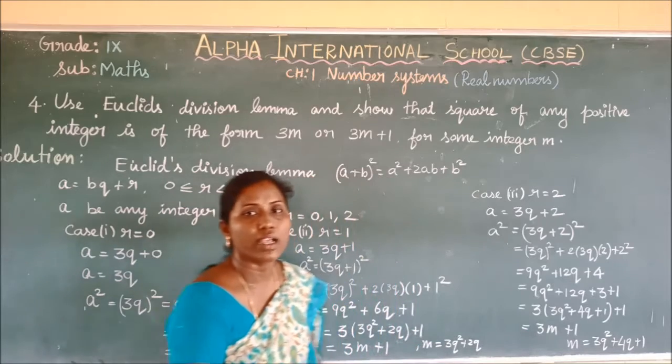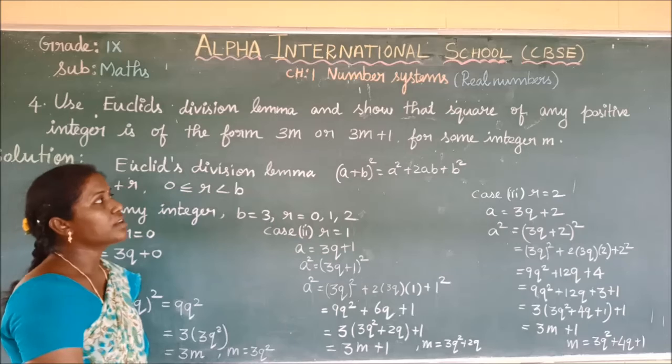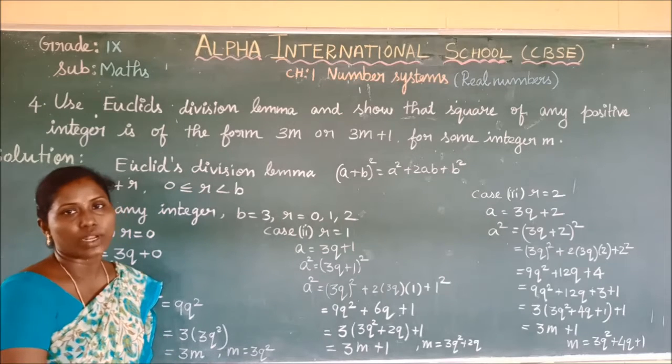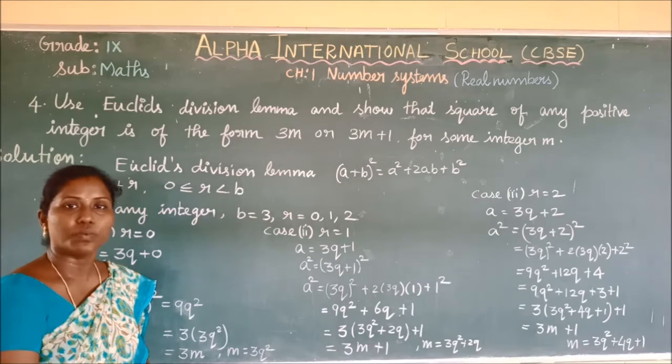So from this what we can conclude is that the square of any positive integer is of the form 3m or 3m plus 1. Surely we can express it in the form of 3m or 3m plus 1.